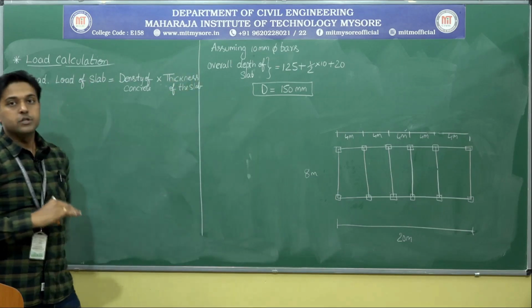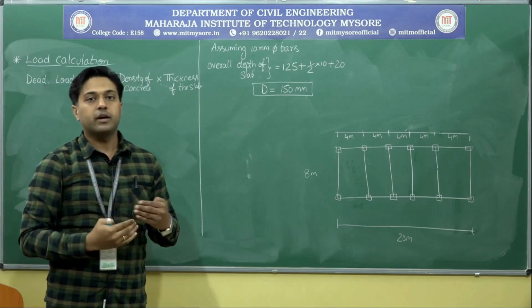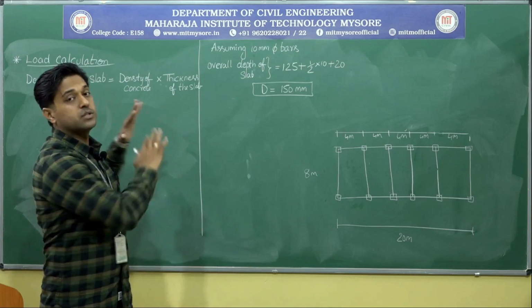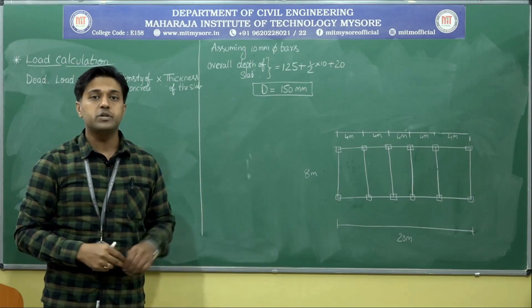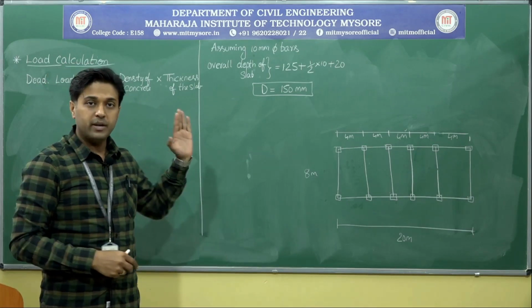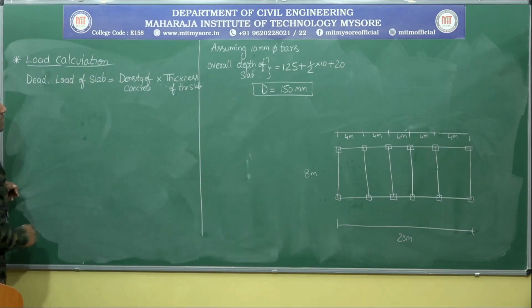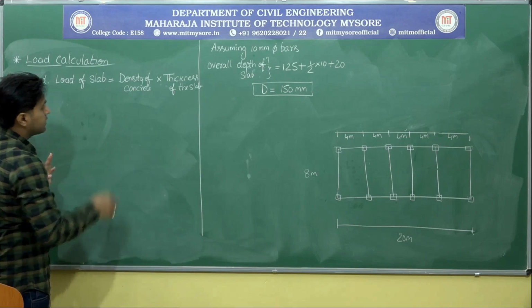Please remember, even after your completion of BE, if someone asks you how to design a building, this is the procedure that we need to usually follow. This will help you a lot in your future. So dead load of the slab is equal to density of concrete into thickness of the slab.